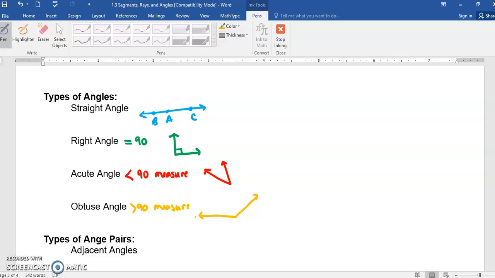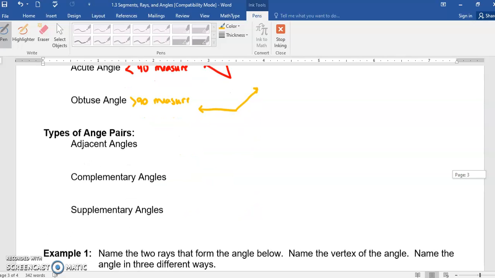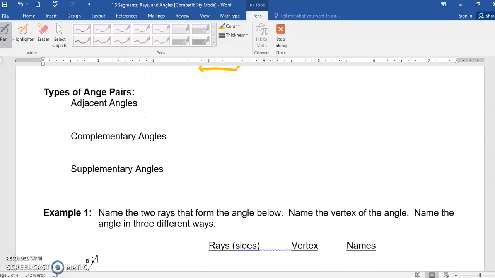Now we have pairs of angles that have special relationships to each other. If they are adjacent, adjacent means next to each other, side by side. Adjacent angles share a side. An example of some adjacent angles would be something like this.